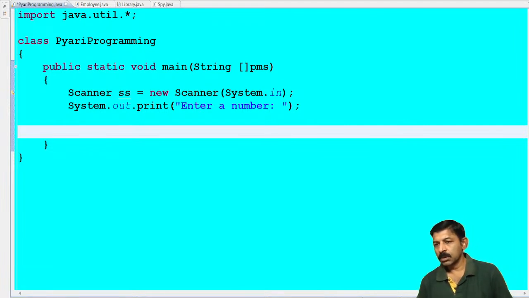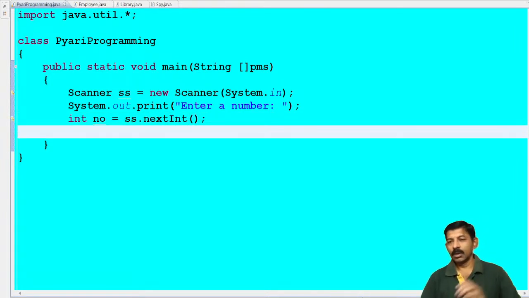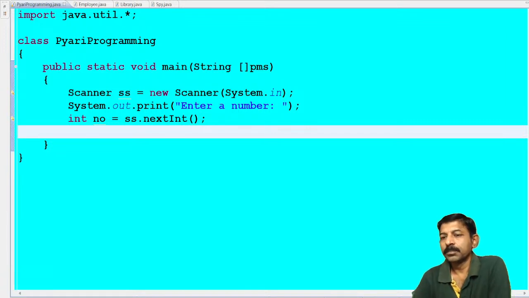Accept is not over. Excellent. int no is equal to ss.nextInt. Good observation. Now accept is over. Good job. Next.